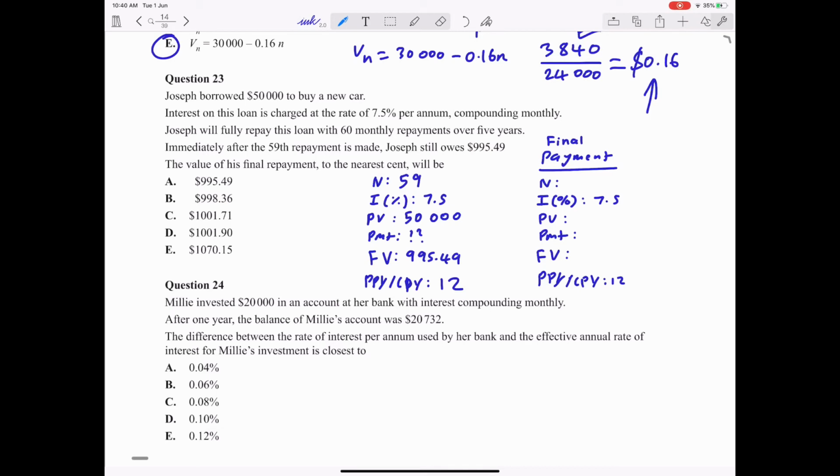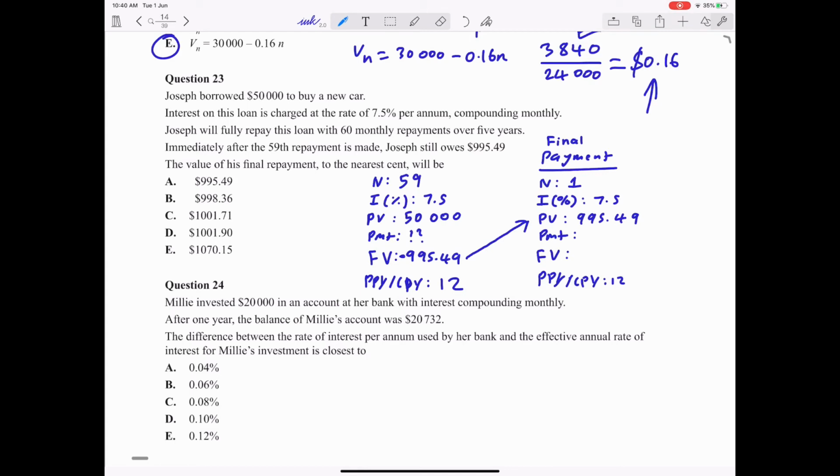His final payment means that there's one payment remaining, and the amount left, the future value after 59 payments, becomes the present value to find the final payment. That's my bad: future value should be negative because this is the amount of money he still owes. But when you move it into present value, it becomes positive.